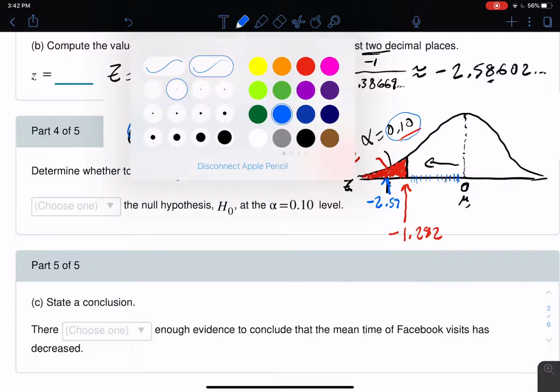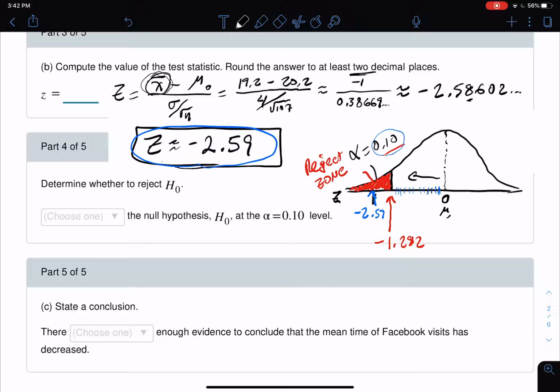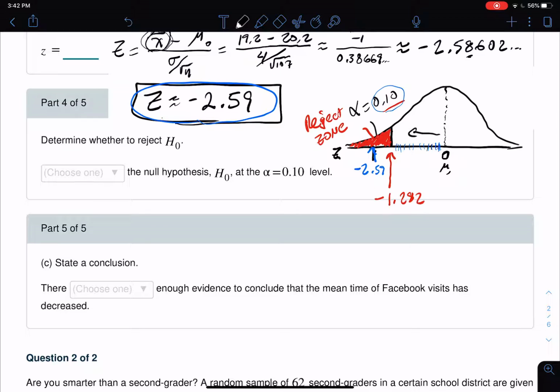So let me go back to what our initial setup was. We said that H sub 0, mu is equal to 20.2. And then we said, okay, the challenger is, what's the alternate hypothesis? Well, maybe mu is less than 20.2.